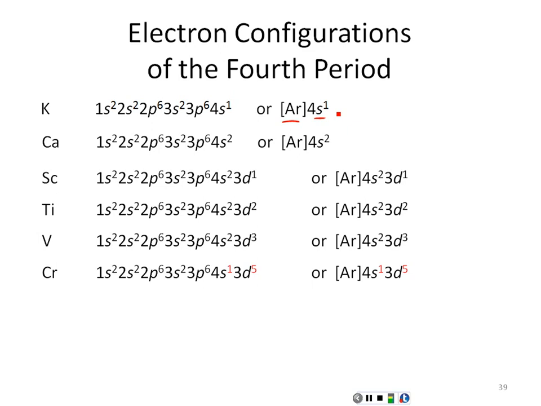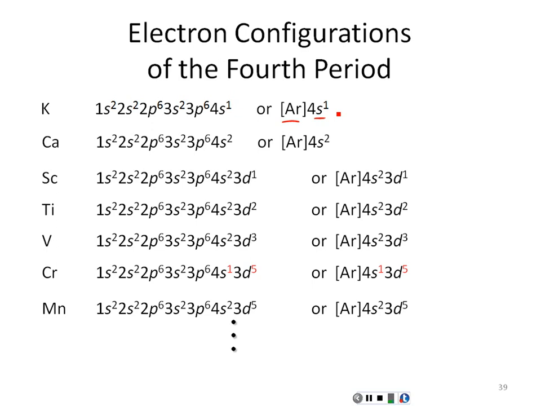Instead of 4s2 3d4, we now fill 4s1 3d5 for chromium. And then manganese, we're back to the same pattern. So we go back to 4s2 3d5.